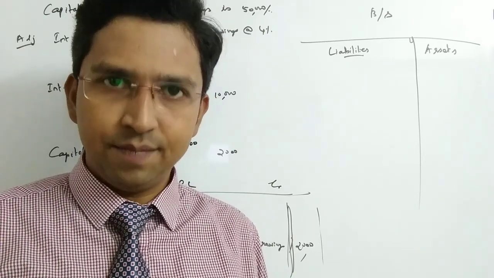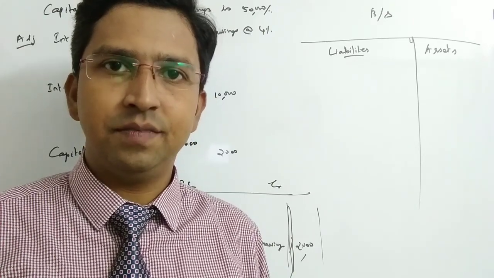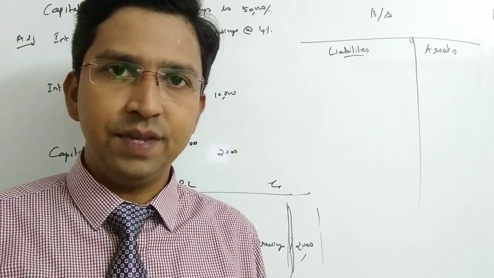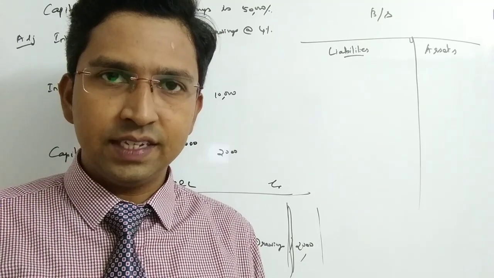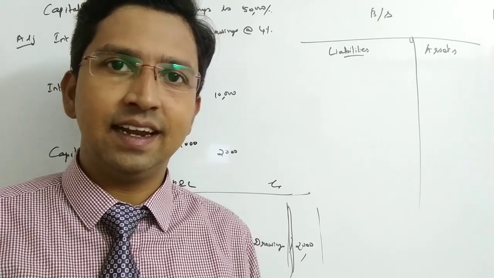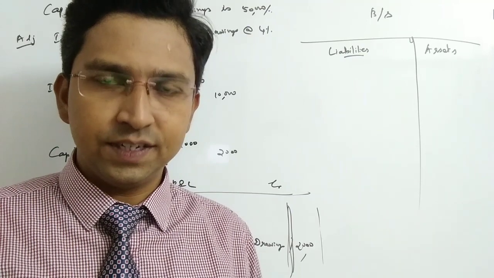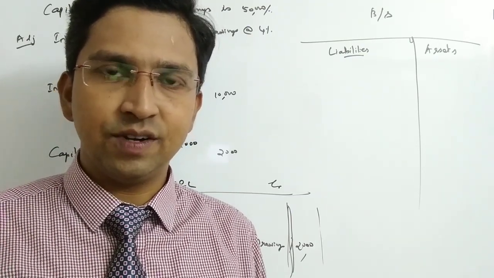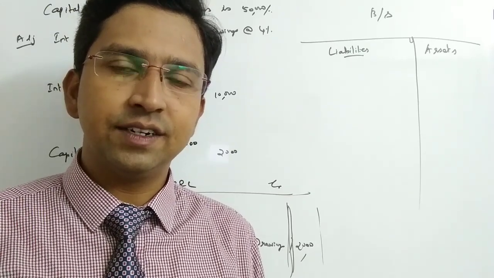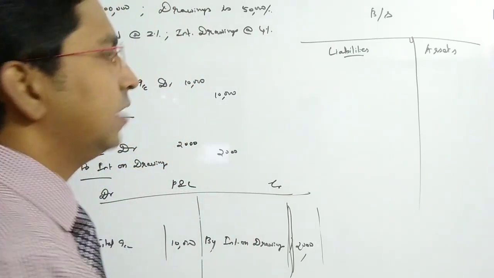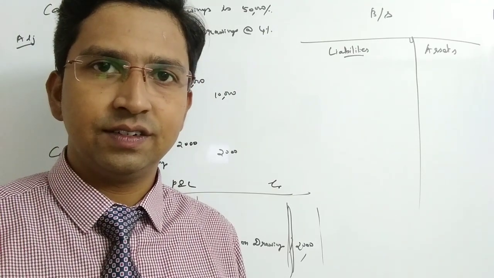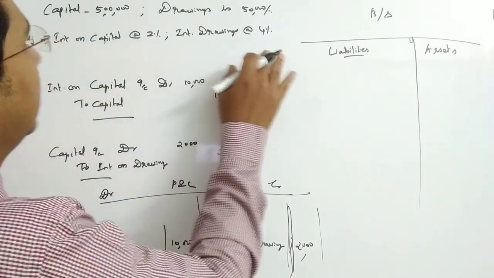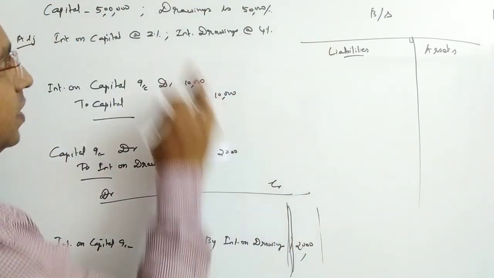Again I repeat, capital plus interest on capital plus net profit or less net loss, whatever it may be, then less drawings, less interest on drawings and less income tax, because out of his profit only he is making the tax payment to the income tax authorities, isn't it? So that's why it is getting reduced. So that is the structure for capital calculation.